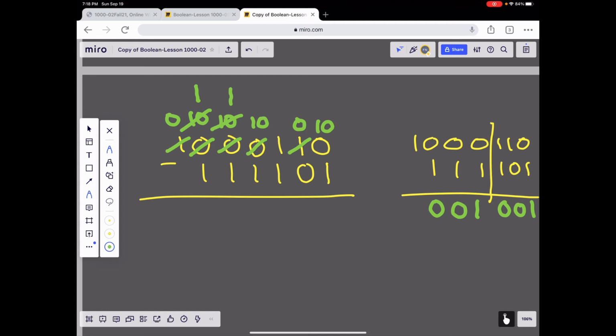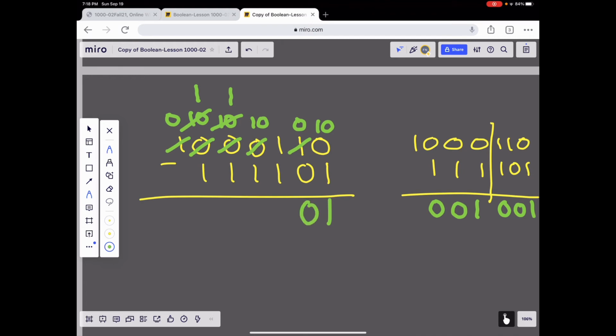1, 0, 0, 0, 1, 1, 0, subtract 1, 1, 1, 1, 0, 1. So 0 cannot subtract 1, but you borrow 10 from this one. So when you borrow 10, you got 0 left over here. So 10 minus 1 equal 1. And then 0 minus 0 equals 0.